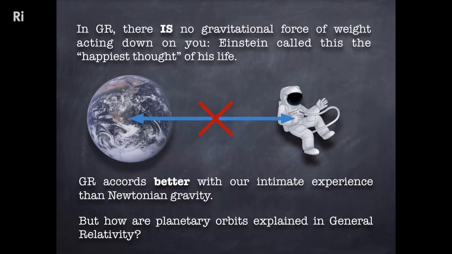It does not exist. There is only a force pushing you up from your chair. It's the force that your chair exerts on you, pushing you up. This realization is what Einstein called the happiest thought of his life, and it was the first step that he took towards general relativity.